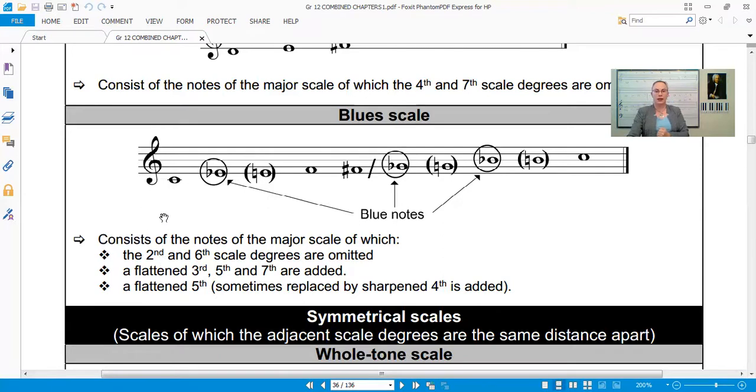So here you can see that I've added the lower 3rd, 5th, and 7th scale degree. I put the original notes in brackets because a combination between the original notes and the flattened notes can be used in a blues composition.